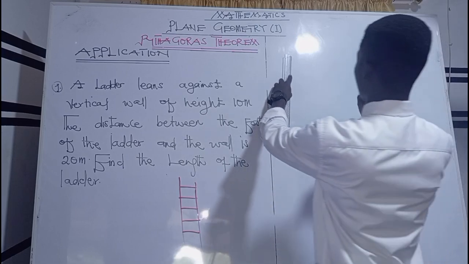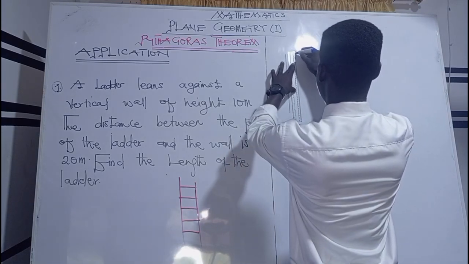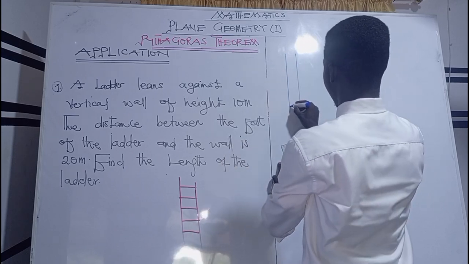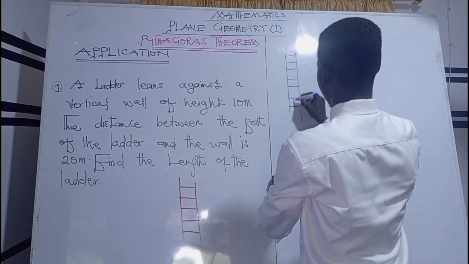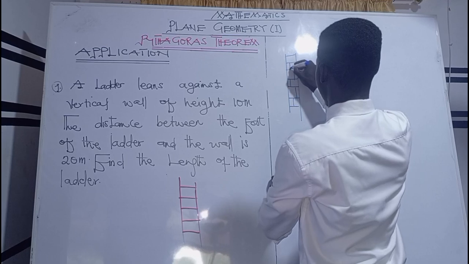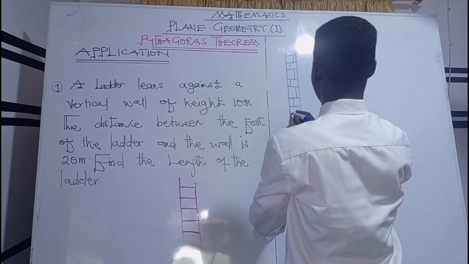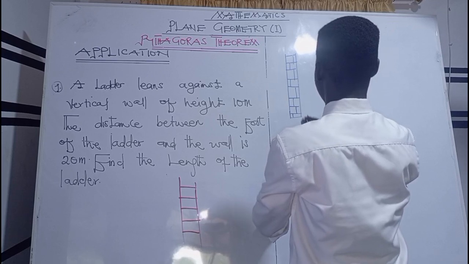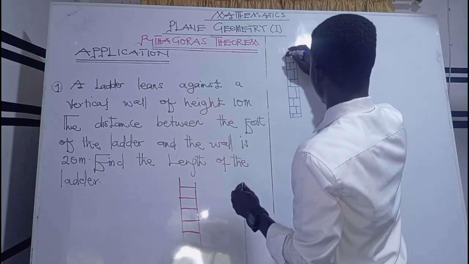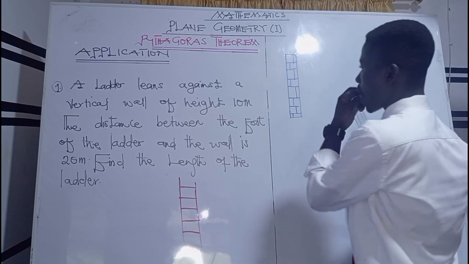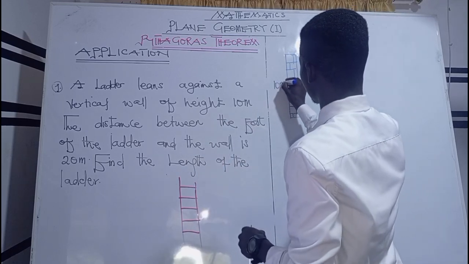So let's draw the vertical wall. So this is the vertical wall, has a height of what? 10 meters. So we have 10 meters.